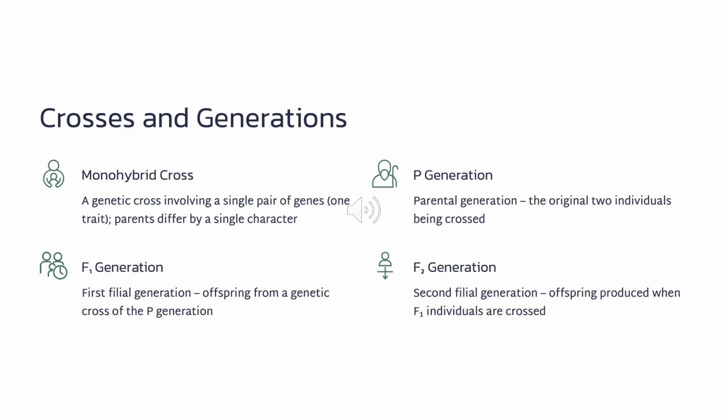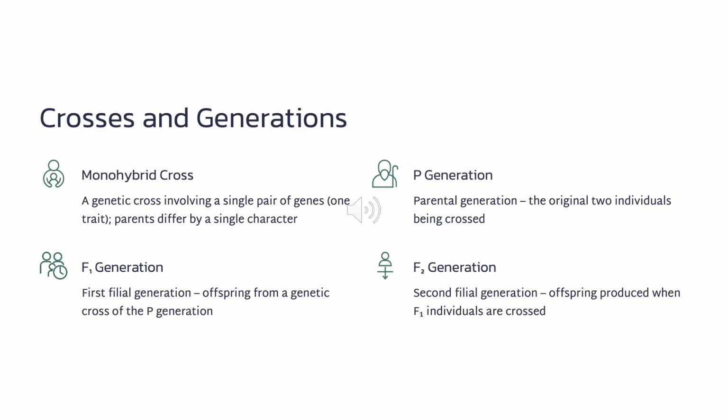Crosses and generations. The monohybrid cross is a genetic cross involving a single pair of genes, only one trait, because of a single pair of genes, and the parents differ by a single character. For this monohybrid cross, the first generation is the parental generation.